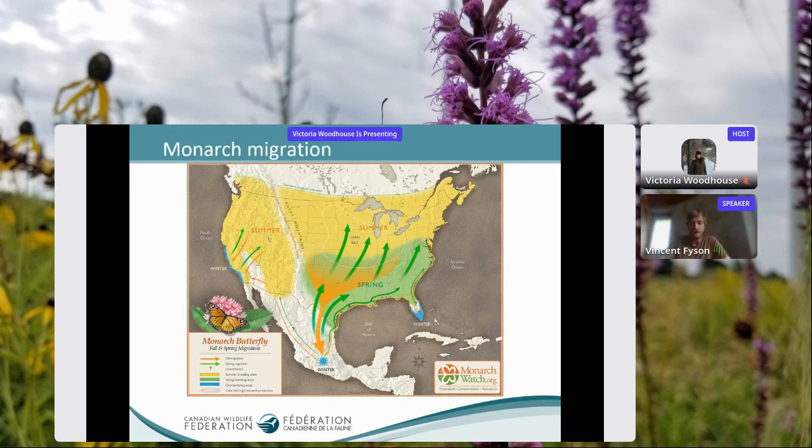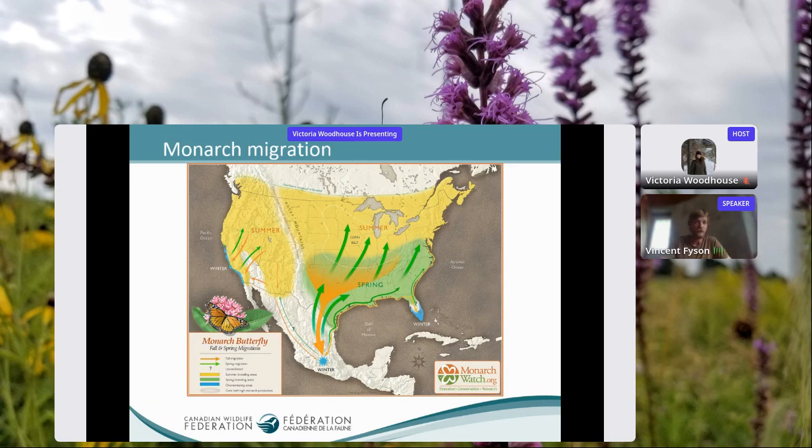The migration isn't carried out over a single generation by single individuals, but instead happens over several generations. In the spring, it takes 2 or 3 generations to reach the northern parts of the range, where they reproduce for another 2 or 3 generations before the fall migration.